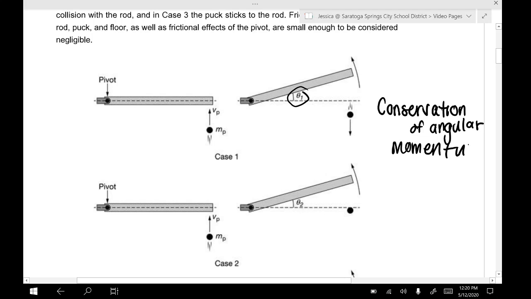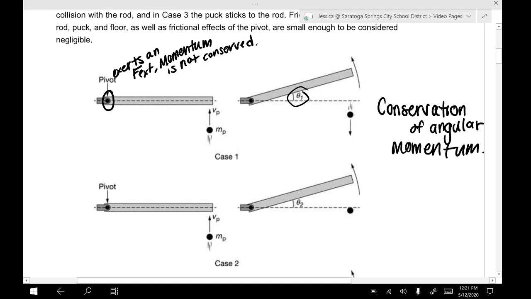Okay, because I have a collision that results in rotation. Now, you might be thinking, why can't we also talk about linear momentum? Well, the thing is that the linear momentum of this system is actually not going to be conserved. The reason why is this pivot exerts an external force, which means momentum linearly is not conserved, okay?